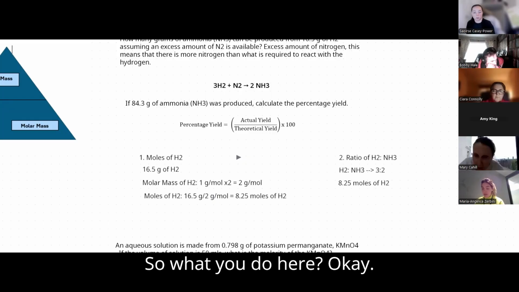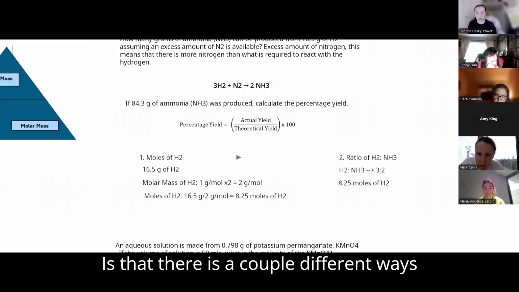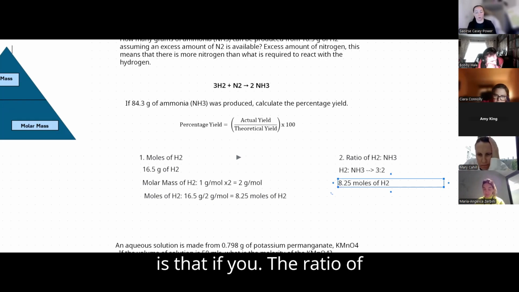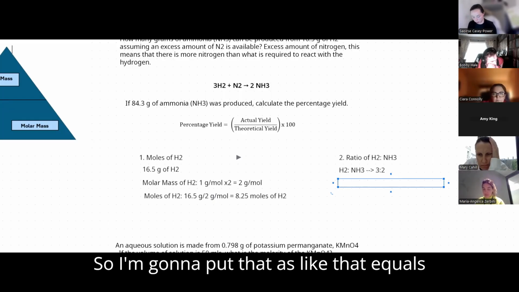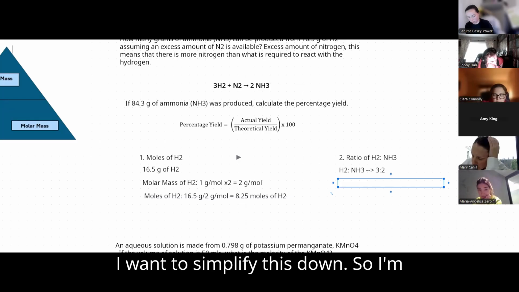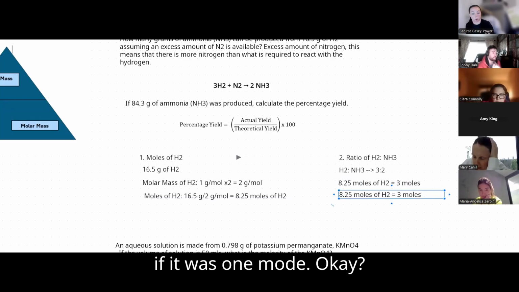So what you do here is that there's a couple of different ways you can do this. What I find easier to do is, if the ratio is 3:2, I'm going to put that as equal to our 3 moles there. I want to simplify this down, so I'm going to divide that by 3 to get it in as if it was 1 mole.